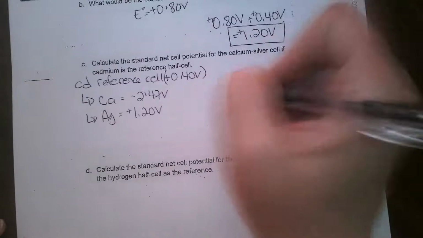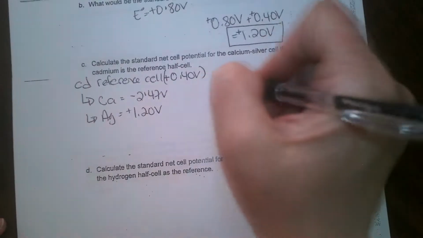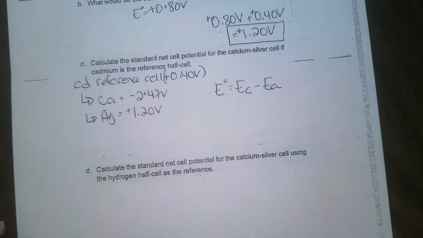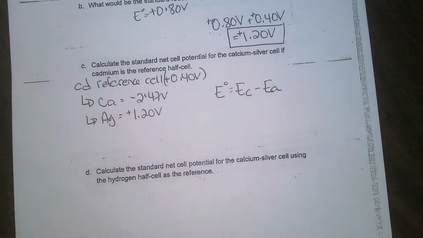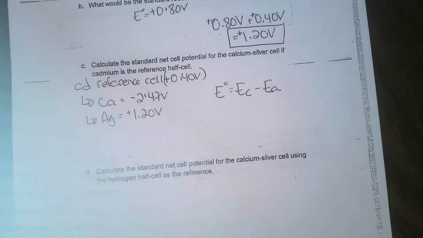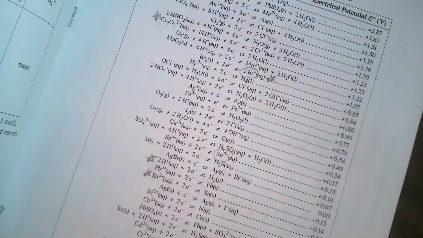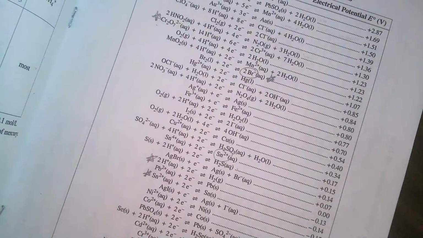So how do we figure out cell potential? E cathode minus E anode. What do we have to do? We have to figure out the cathode and the anode. So we go back to here and we're going to look for calcium, calcium ion, silver, or silver ion.